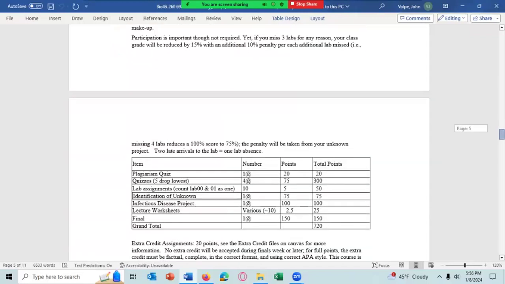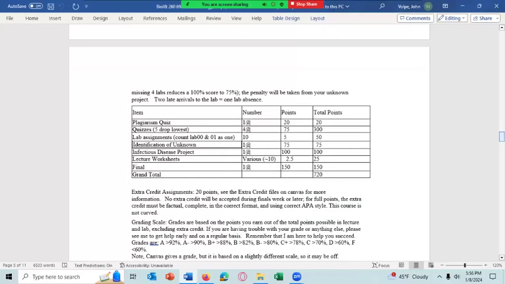Real quick, I was wondering what you meant by the labs are graded twice. Do you grade them once and then do we get an option to redo questions if we got them wrong and then you grade it again? Correct. Labs will be graded twice. The first time, you will get a grade, and I'll tell you which questions are wrong.